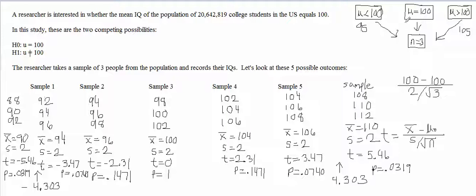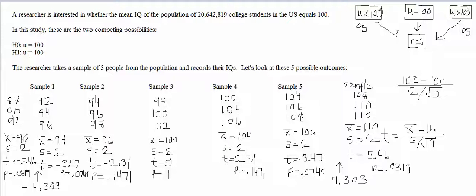And it turns out that in this middle situation, you can actually calculate probabilities. If the population mean is 100 and the null is true, you can look at the probability of getting different outcomes.